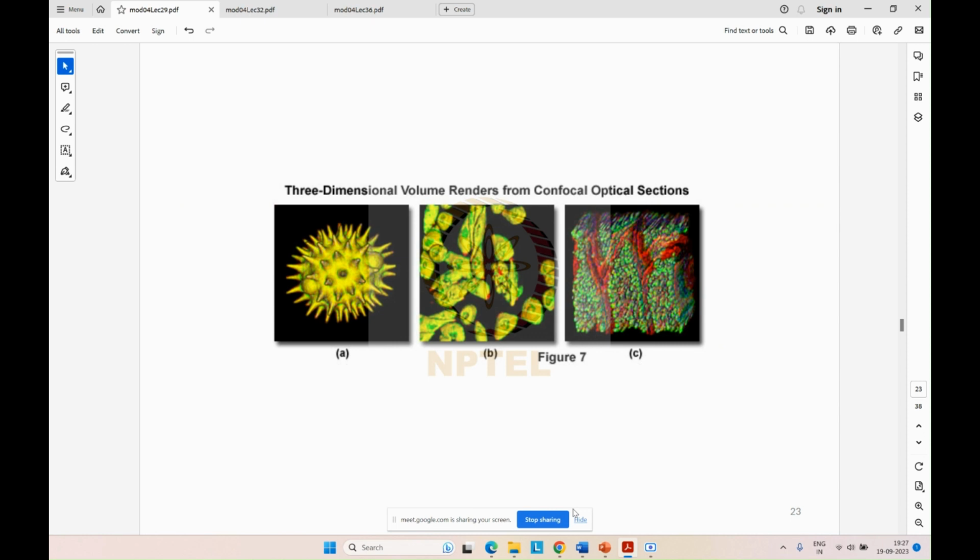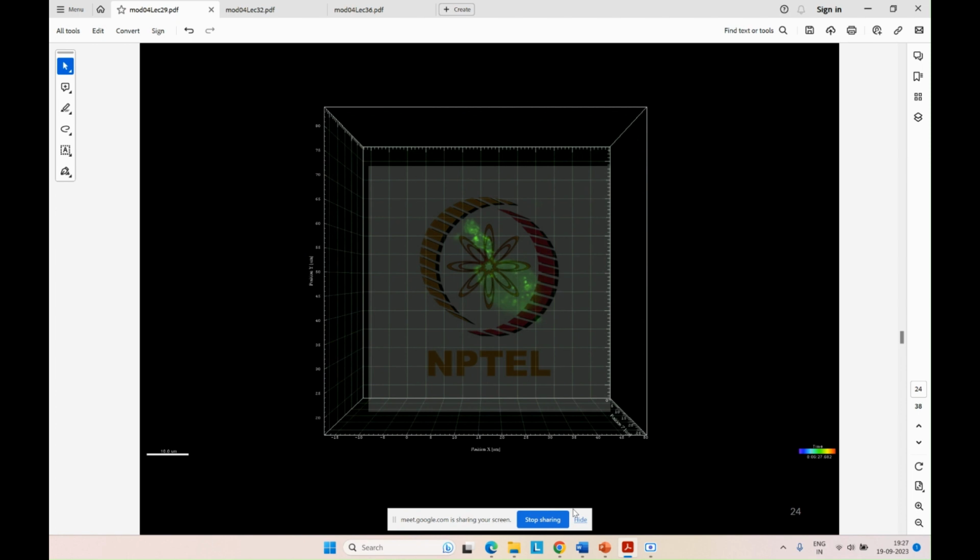These are the processed pretty images that you get from confocal usually.